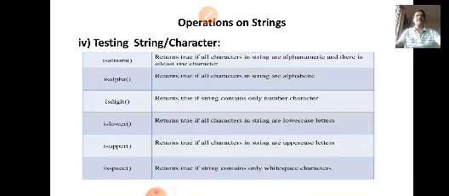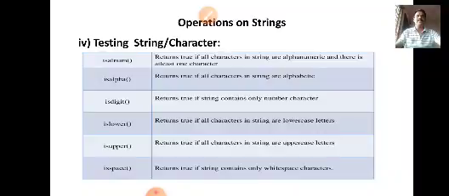So here, testing string or character: these are also special types of built-in string handling functions. These functions are also available in the C language under the ctype.h header file, which means character type functions.